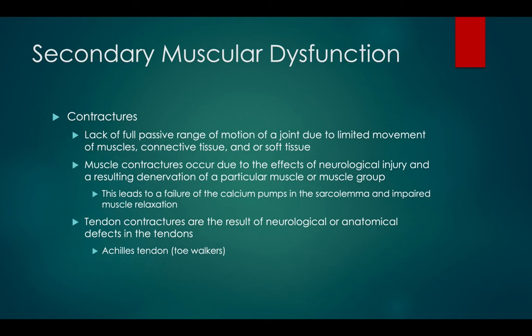Tendon contractures are a result of neurological or anatomical defects. This can be from, say, someone's born with cerebral palsy, can have issues. You can just be born with tight tendons.